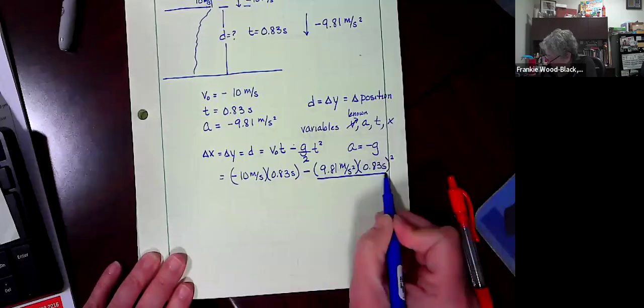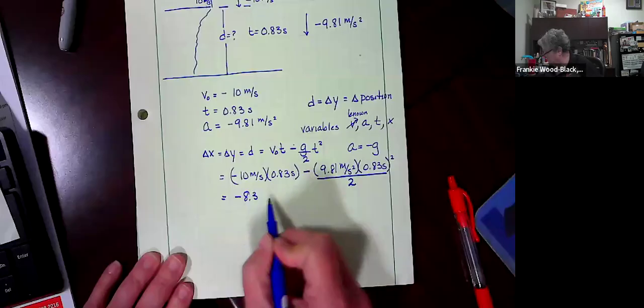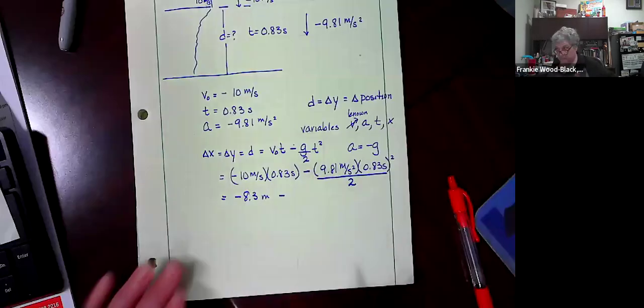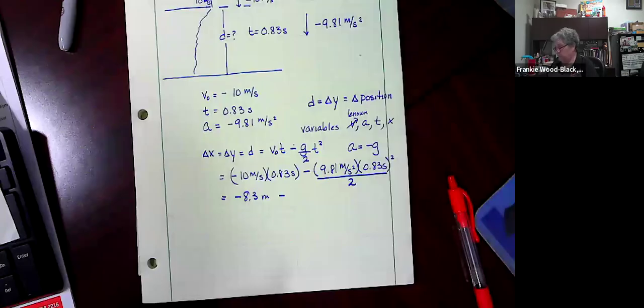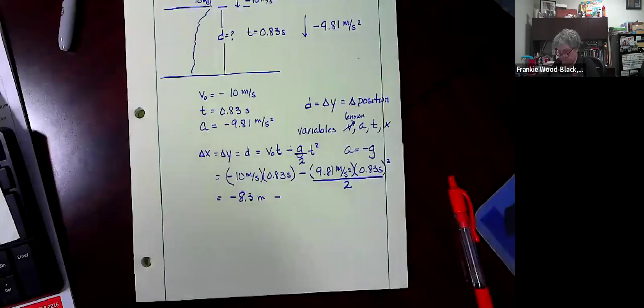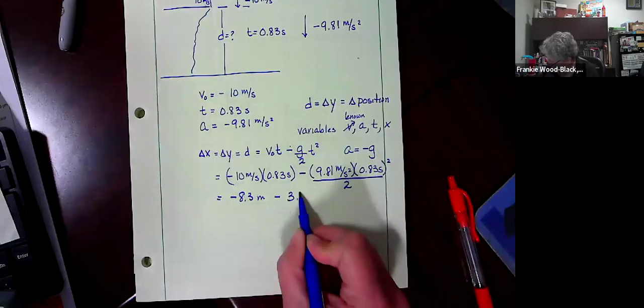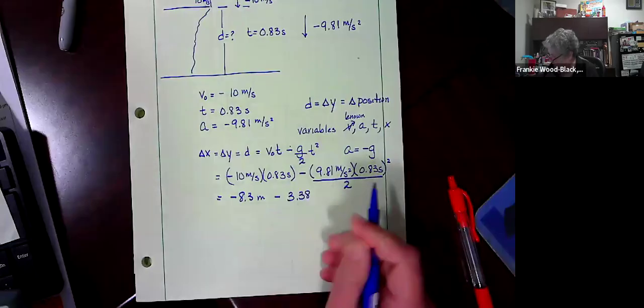So I get negative 8.3 meters minus, getting out my calculator, I've got a negative 3.38 meters because my seconds squared cancel.